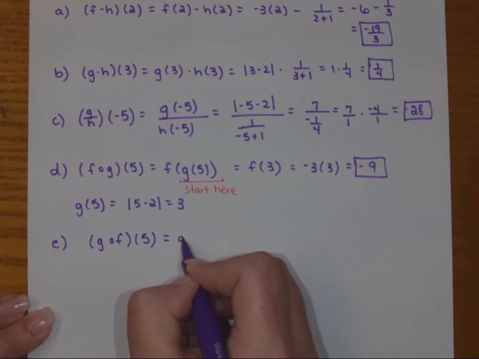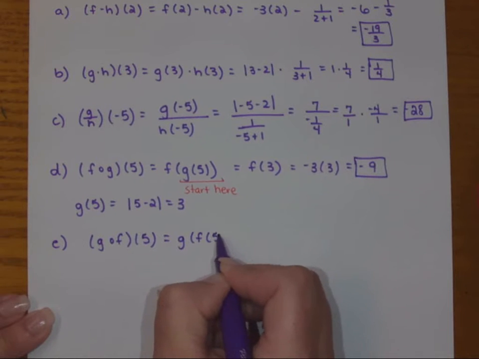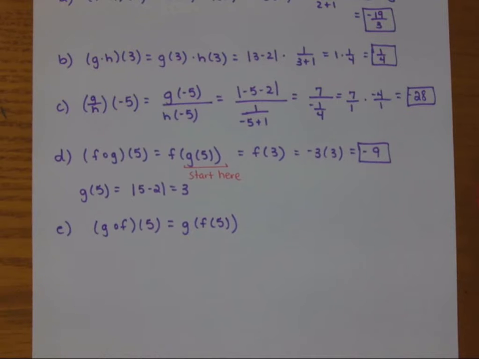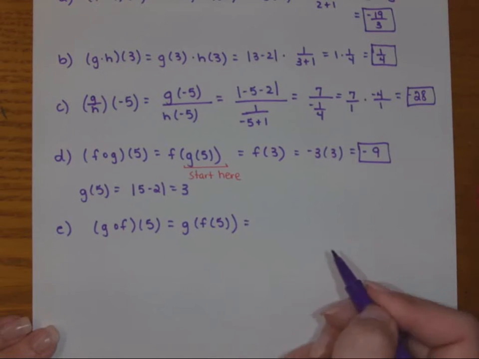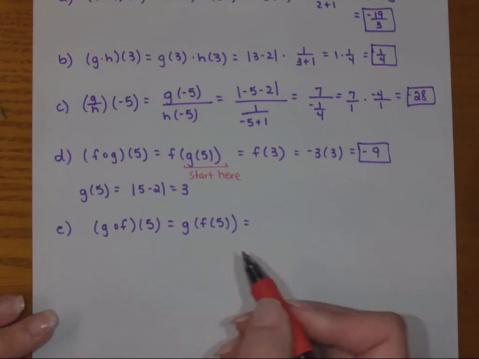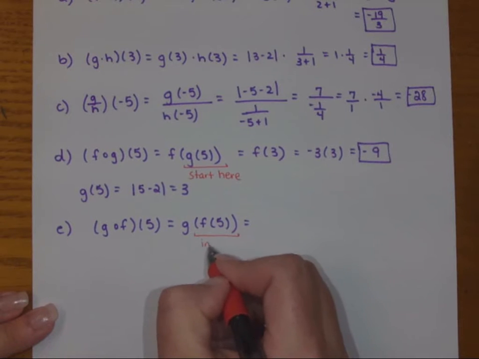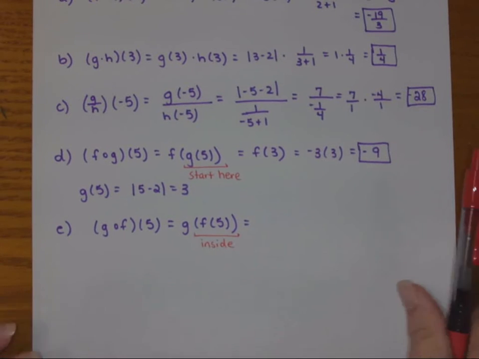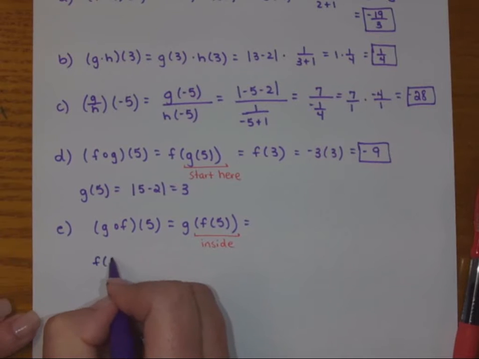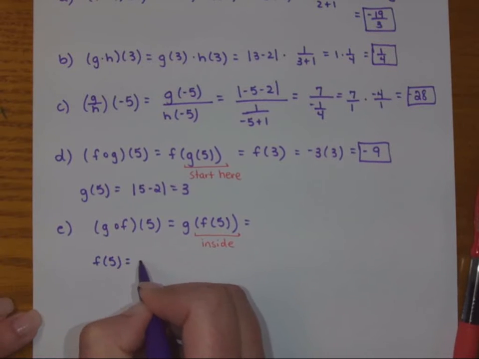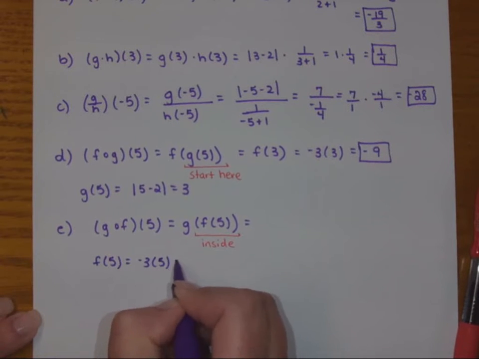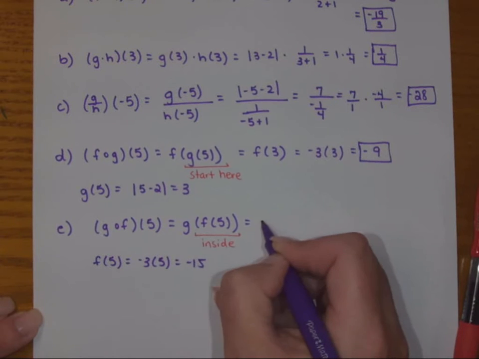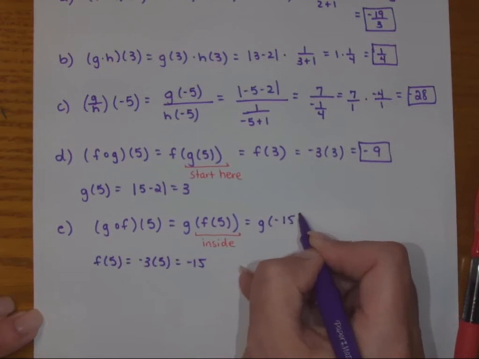So g of f of 5 would be g of f of 5 like this. So we start on the inside, right? So we're not really quite ready to do the whole thing. We're going to work on the inside piece first. So off to the side or under it or something, I'm going to do negative 3 times 5, which is negative 15. And then what I want is g of negative 15.